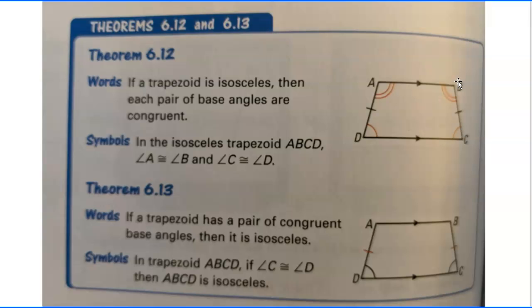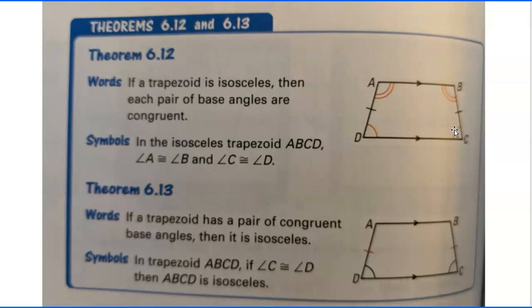We've got those parallel lines shooting off into infinity, never meeting, but we have these 2 legs, A and D and B and C, that just happen to measure the same thing. If that's the case in the isosceles trapezoid, we will have some congruent angles. A and B will be congruent, D and C will be congruent. So again, very important information for our potential proofs and things that we might have to solve with trapezoids.